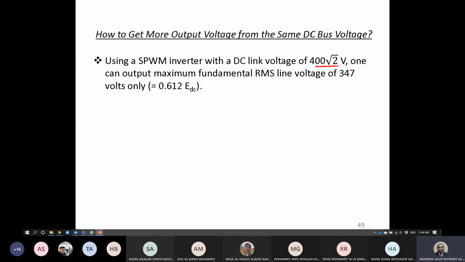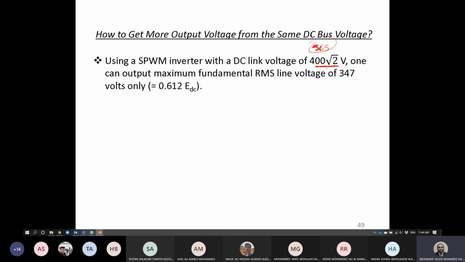So if you have line to line of 400, the peak value will be 400 multiplied by square root of 2, which is 565. So this value now, guys, is 565. This will be the DC link of our inverter.